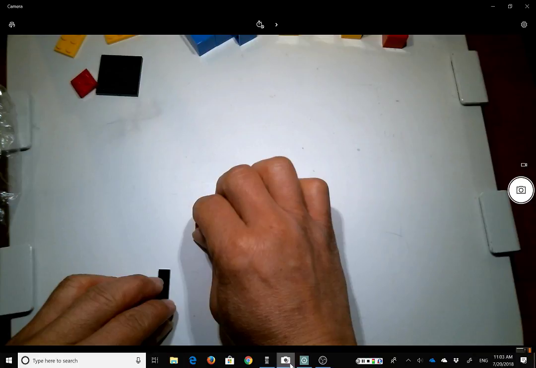So this would be A plus B over here, and then this would be times A plus B over here, and then the area of that would be a plus b squared, right? So if this is a, here's a squared, and then if this is b, then this is b squared, right?